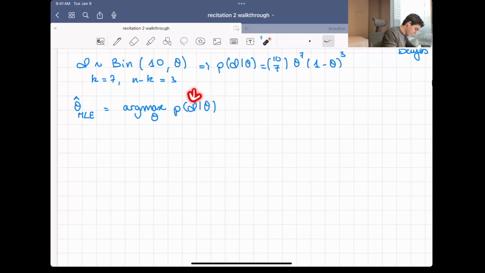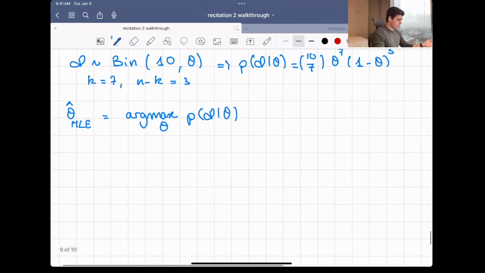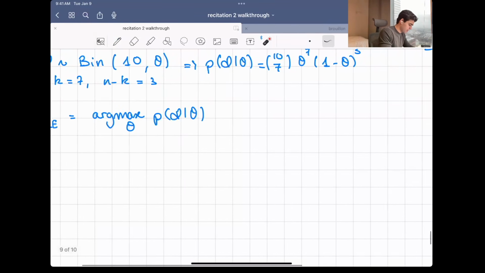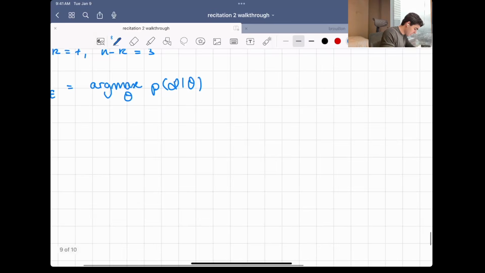This, by the way, is a fancy way of writing D for data, if you don't get my handwriting. So we have a formula to find the maximum likelihood: you just have to maximize this. A very computationally convenient thing to do when maximizing is to maximize over the log likelihood, so argmax over theta of the log of the likelihood.